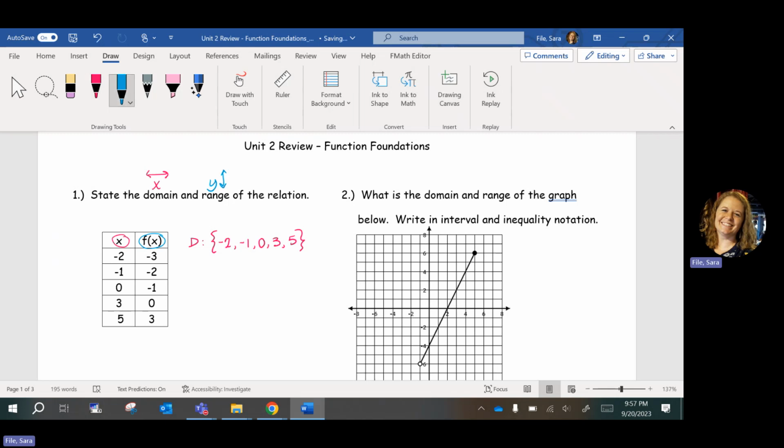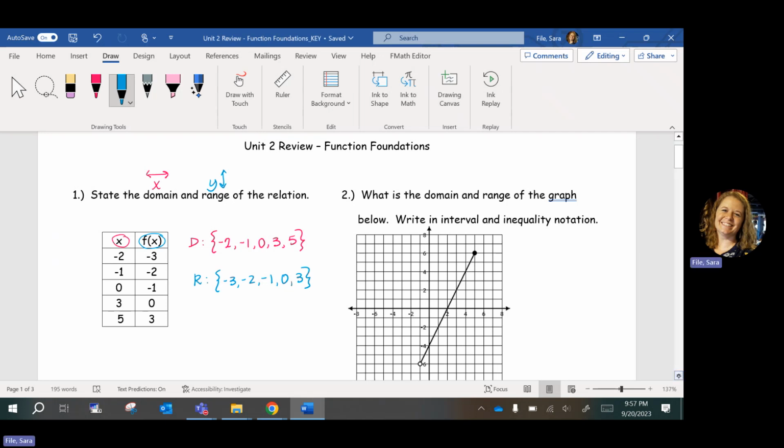So that is my domain. It's a list of all of the x values that are in this relation. And the range, same thing, but all of the f of x or y values. So that would be -3, -2, -1, 0, and 3. And that's it. That's the domain and range of that relation.